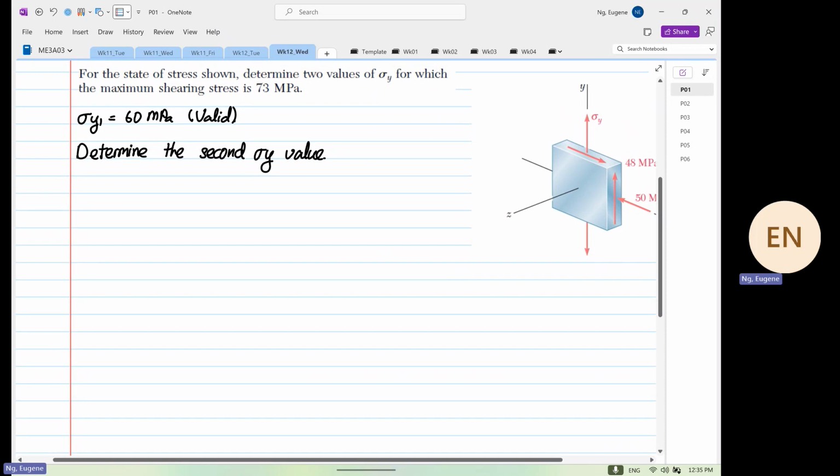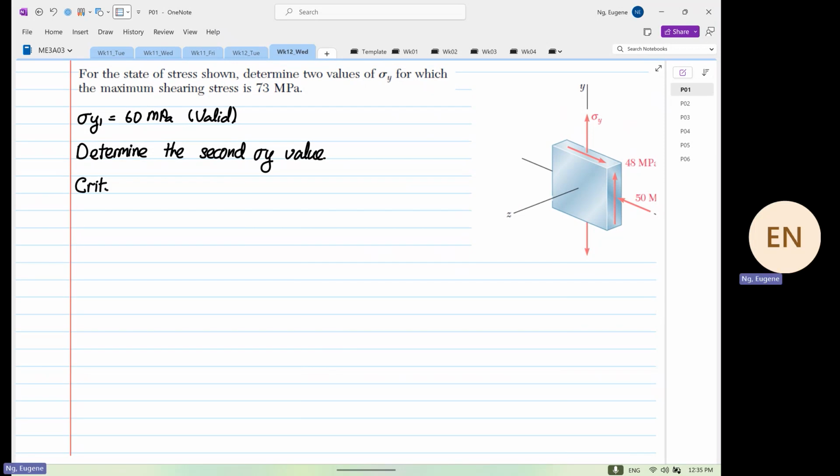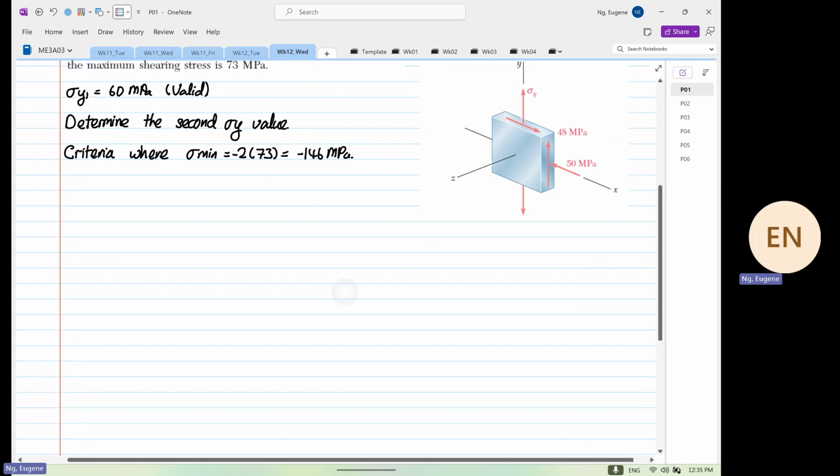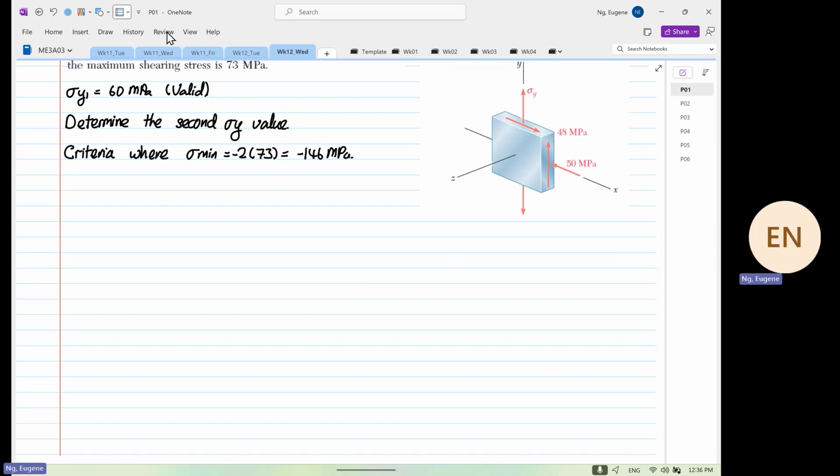Another possibility is we are going to use the criterion where stress mean is equal to twice of 73, so 2 times, or I'm going to put a negative sign over here, minus 146 megapascal. We're going to use this condition now. Some of you might be asking, why are you doing that? I will explain later after we have completed drawing the 3D Mohr circle.